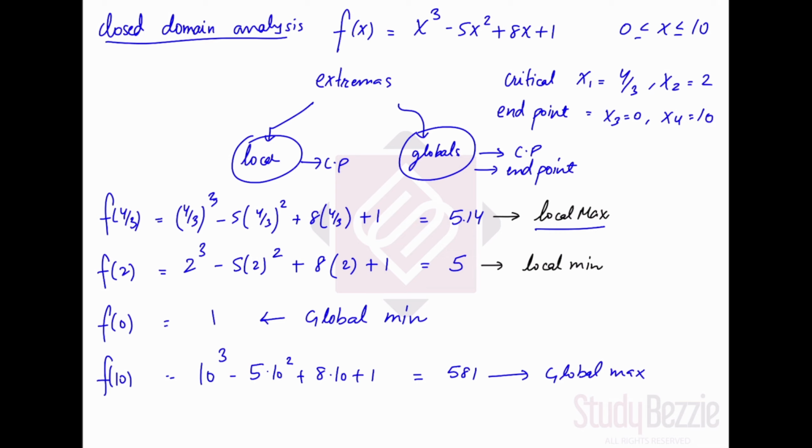So if you're testing for globals, you need to make sure you're testing both the critical points and the endpoints. And if you just want to find the locals, you don't have to do the endpoints analysis at all. The locals are always going to be critical points. If a function has a lower value on the endpoint and it isn't a local, then that point is not classified as any extremum. That's just any random point.